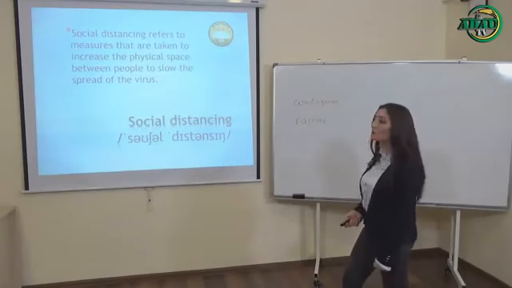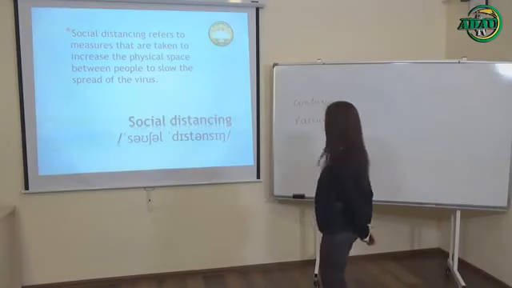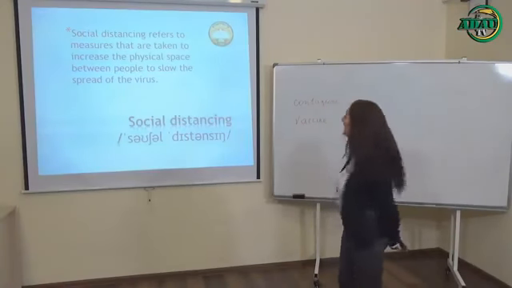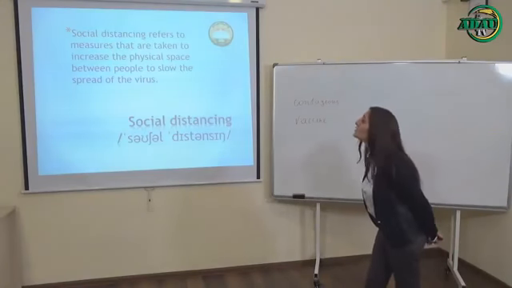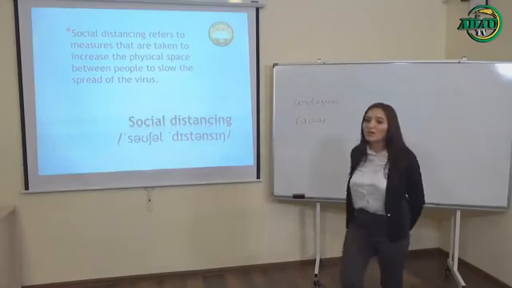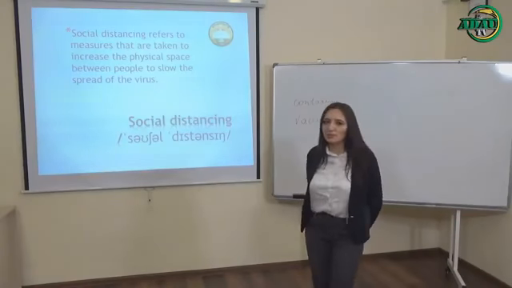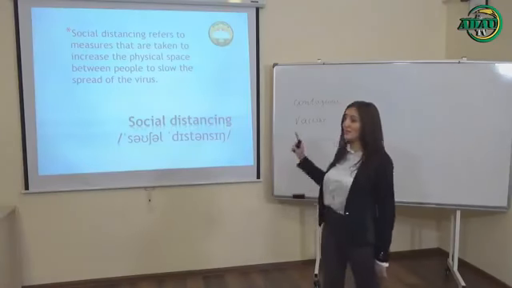Okay, social distancing. I think this word was what Küşver mentioned. What's social distancing? By the way, this is very, very important because the virus is transmitted very easily, and so social distancing is very important.